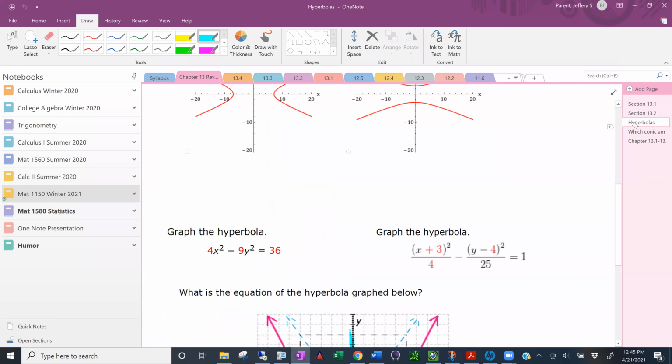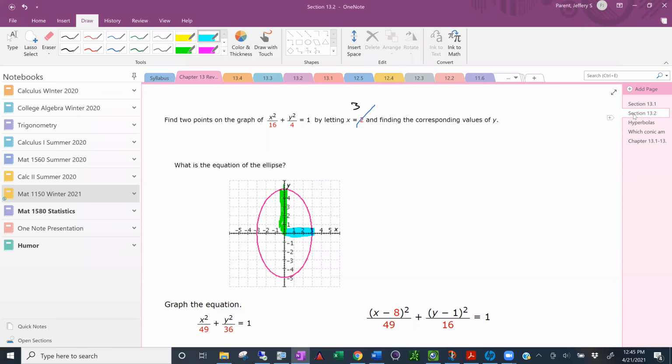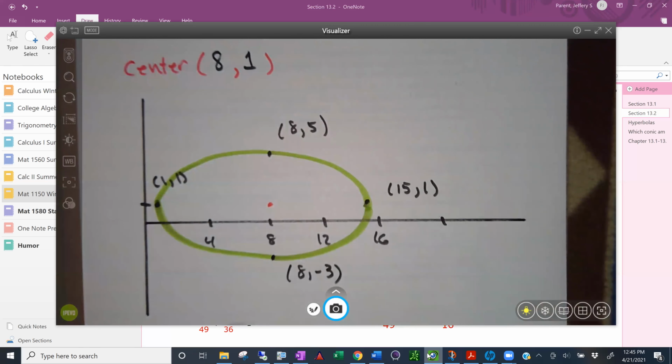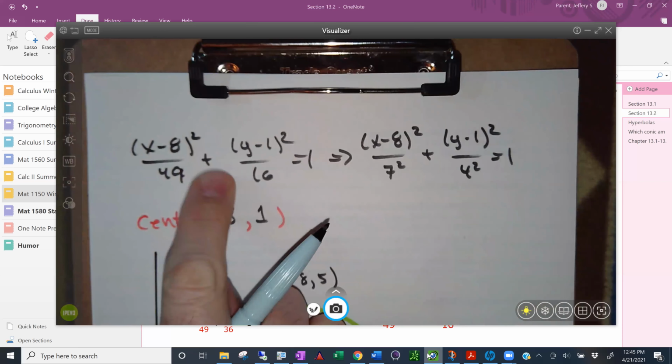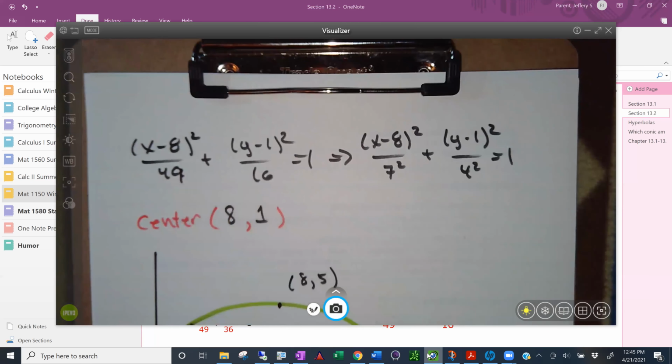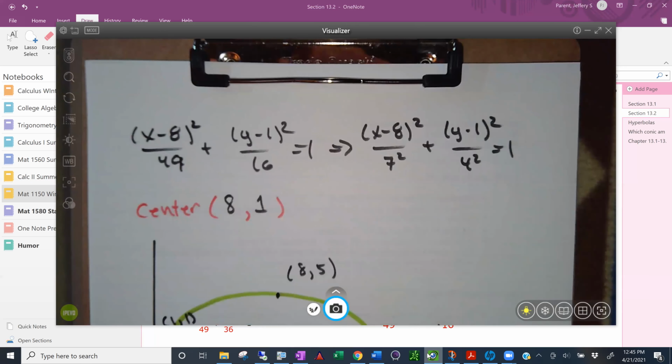Awesome. Onwards to hyperbolas. Now, I actually wouldn't need to change this equation much to make it a hyperbola. What one change could I make to make this graph a hyperbola? Change the plus to a minus. Perfect.